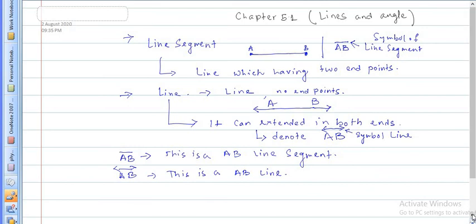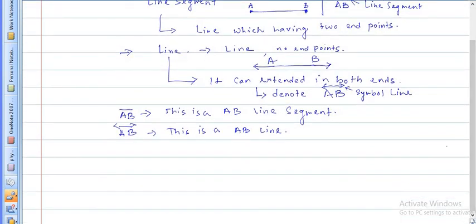Similarly, there is also another one that is called ray. Now what do you mean by ray? It is different from both line and line segment. Now it can extend in one direction.